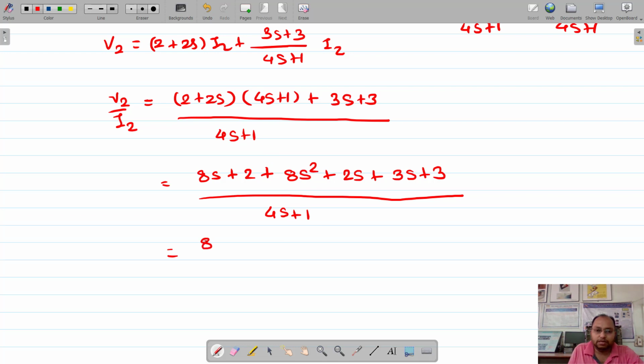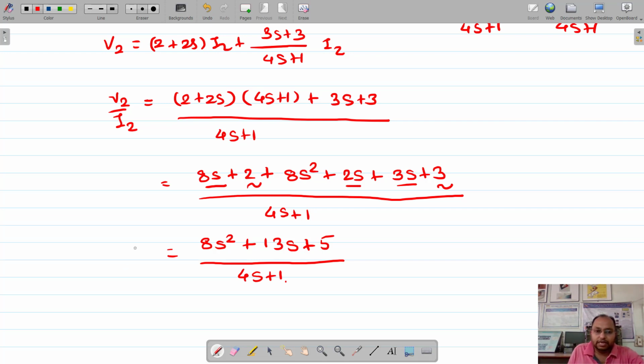Okay. Now let us simplify this. 8s square is there. It is the only term which is having a square. Okay. Now let us add 2s, 8s and 3s. Is that fine? Okay, so 8 plus 2 is 10, 10 plus 3 is 13. So 13s plus, now let us add these 2 and 3, it is going to become 5, divided by (4s plus 1). Is that fine?